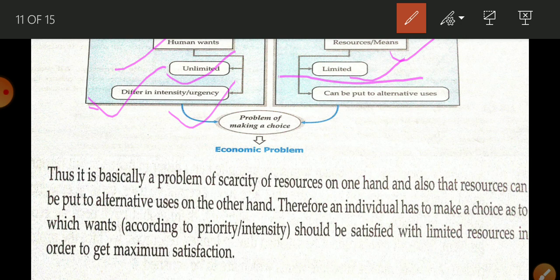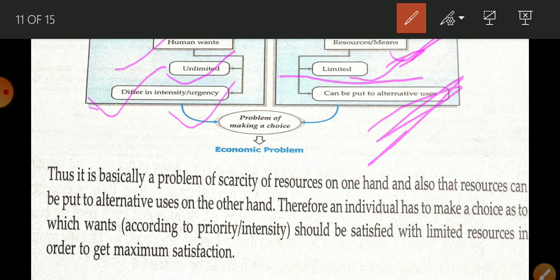Now what is the second feature of resources? They can be put to alternative uses, यानी कि जो हम किसी एक चीज़ को कई तरीके से यूज़ कर सकते हैं. When a thing has multiple uses, like electricity. With electricity you can run your TV, your refrigerator, your fan, your bulb. So you have to decide.